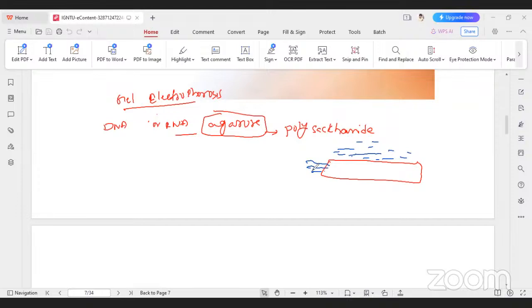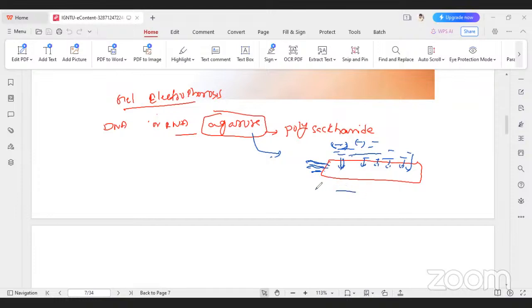The electric current applied to the gel causes the negatively charged DNA to migrate through the gel toward the positive end. After applying the electricity, different lengths of DNA are filtered through this agarose gel and separated based on length.